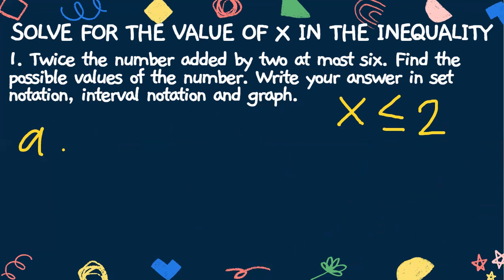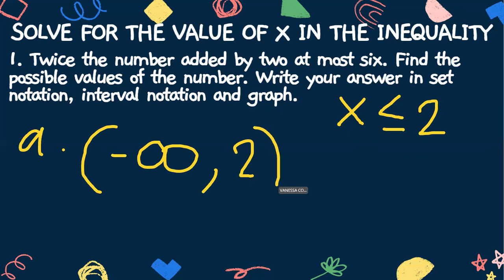Kasama ba siya sa ating graph? Siyempre kasama siya. So, ang gagamitin natin is bracket. Kapag less than, ang kanyang infinite ay negative, and then, ano yung value ng ating x? That is 2. So, that is interval notation.